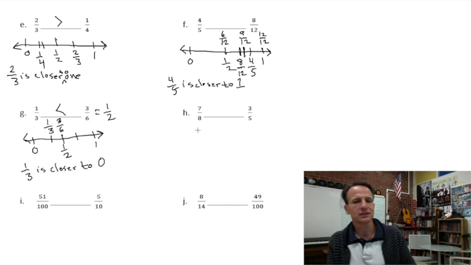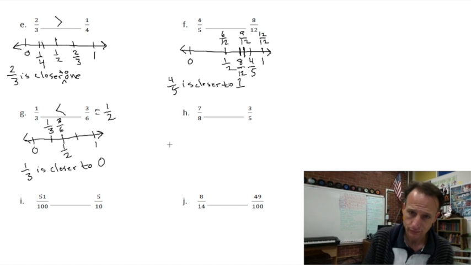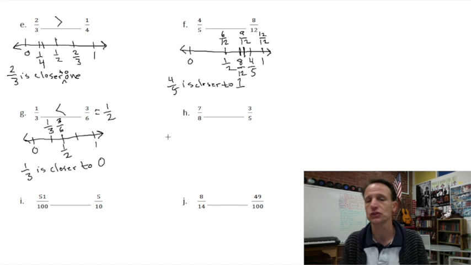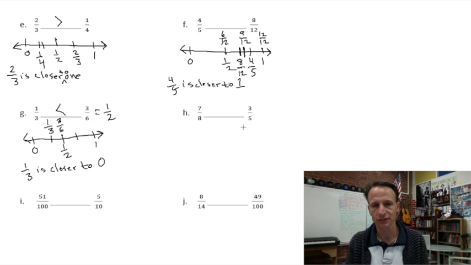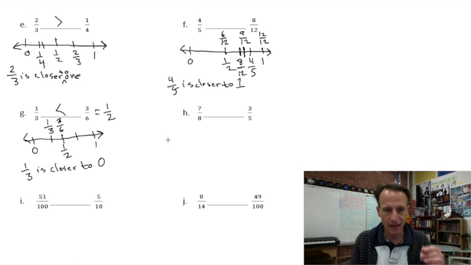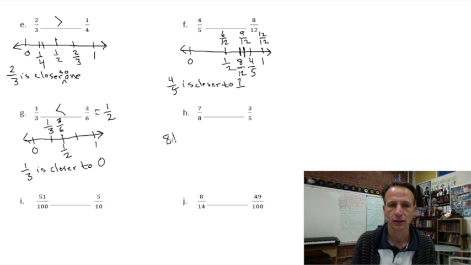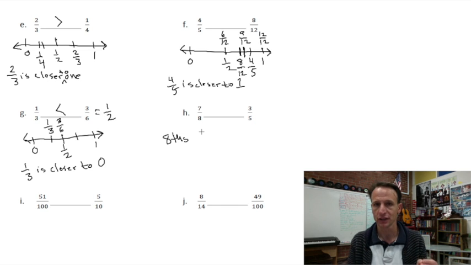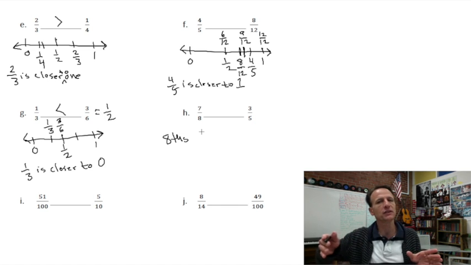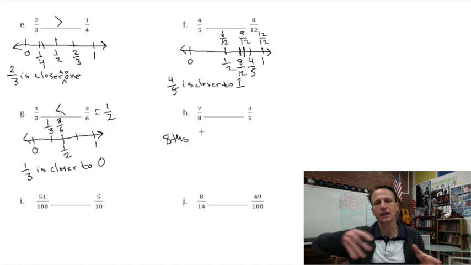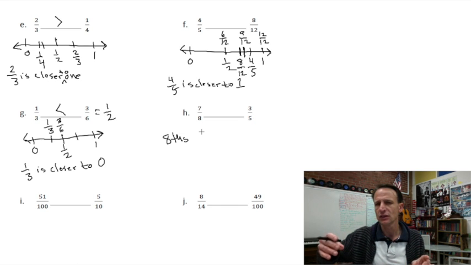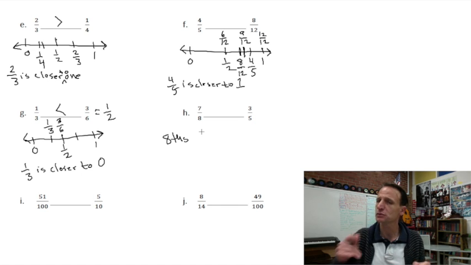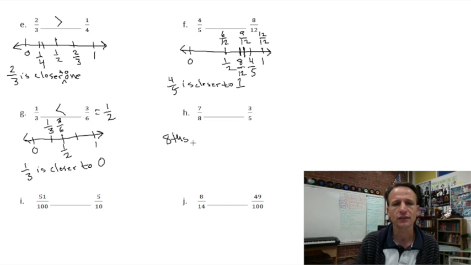Now, they're giving us a tricky one here. This one, I actually don't want to draw a number line for. So with 7/8 and 3/5, here's the thing. Think about an eighth compared to a fifth. If you cut that cake into 5 pieces, or you cut that cake into 8 pieces, those eighths are smaller, aren't they? Eighths are smaller than fifths.